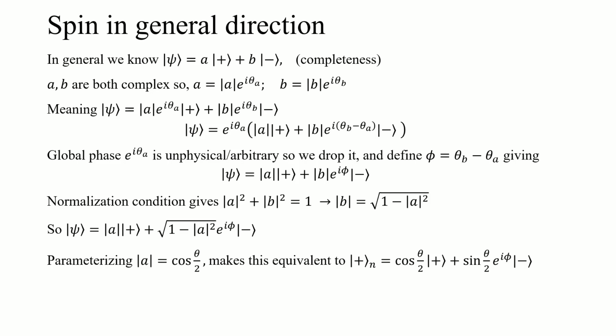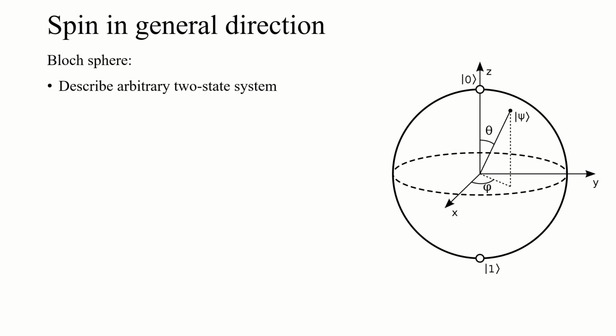So we can write spin up in a general direction in that form, but we could also write any general ket in that direction. We just give it some theta and some phi, and we've got that. One of the reasons that I think this is important to bring up is that it's a nice way of mapping two-state systems, and this is used in quantum information a lot.